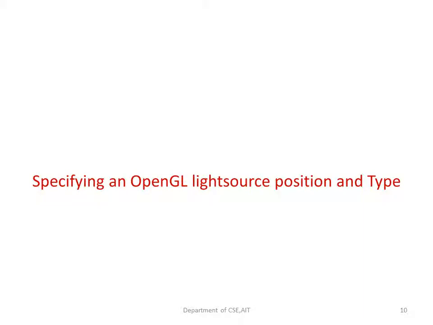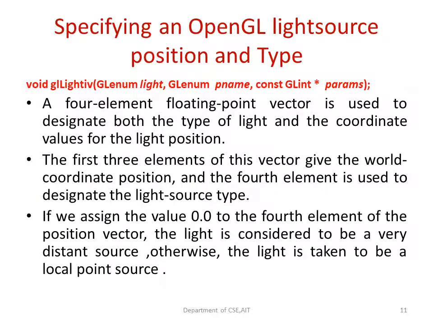Now we will see how to specify the light source, position and the type of the light. Whenever we want to specify a light source, its position and the type, we need to make use of the API which is called GL light IV. So we know that here the I stands for the integer and V is for the vector.